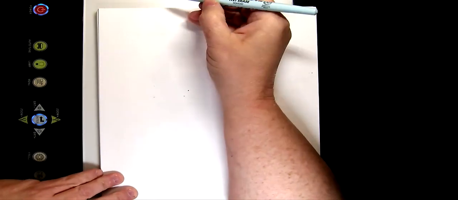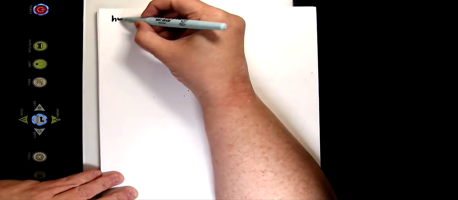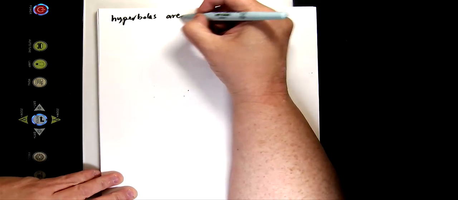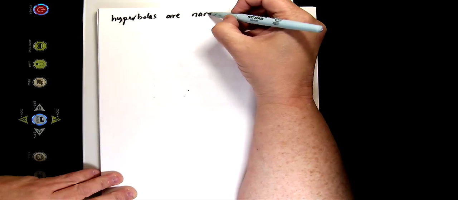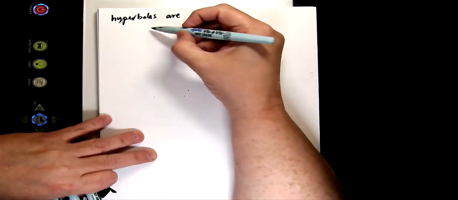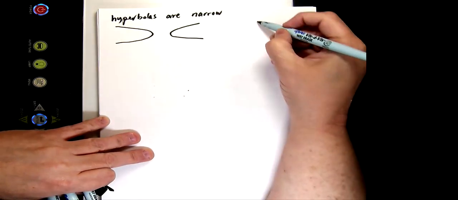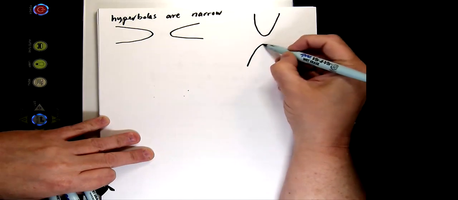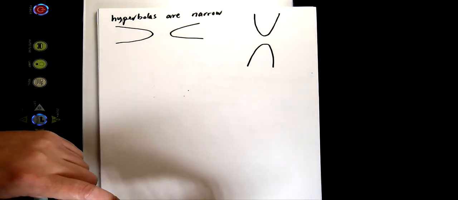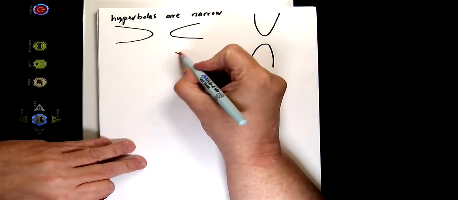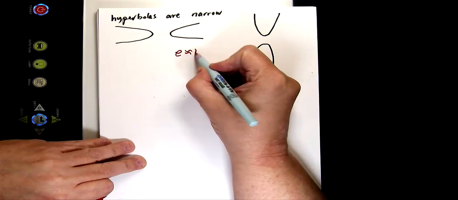All right, something neat to point out before we do another fun example. When the hyperbolas are narrow, E is close to 1, just a hair greater than 1.